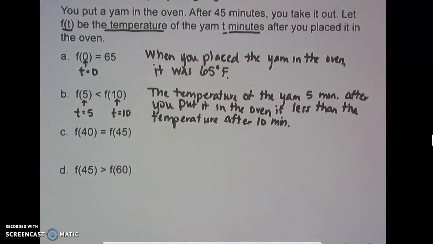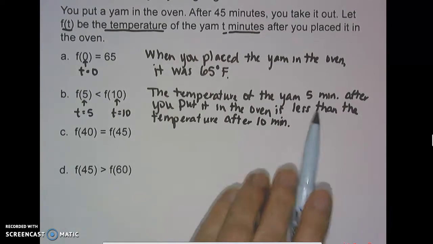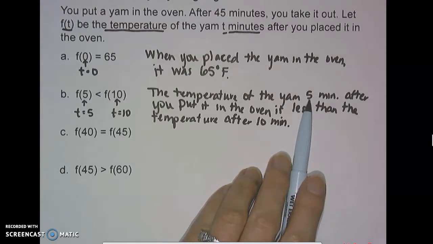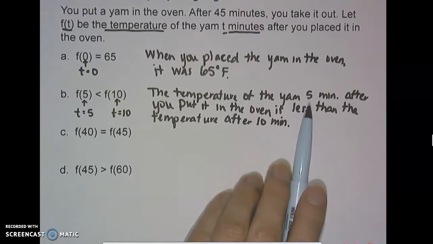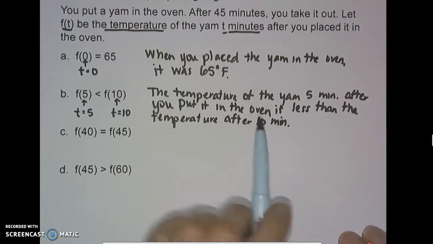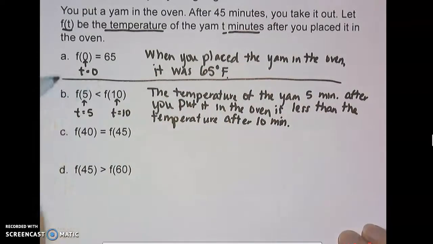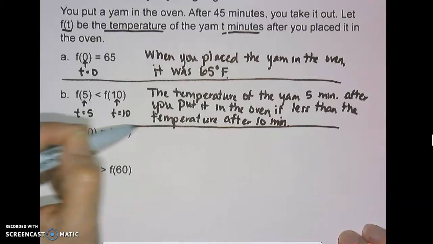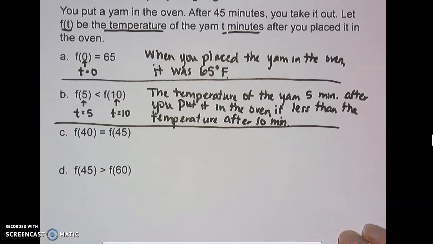Okay, so that makes sense. When you're putting something in the oven, 5 minutes after you put it in the oven, it's going to be warmer than it started. And after a total of 10 minutes, so 5 more minutes have happened, you would expect that that item would be hotter than it was before. So I'm going to kind of separate some of these things out here. Okay, so that makes sense. All right.